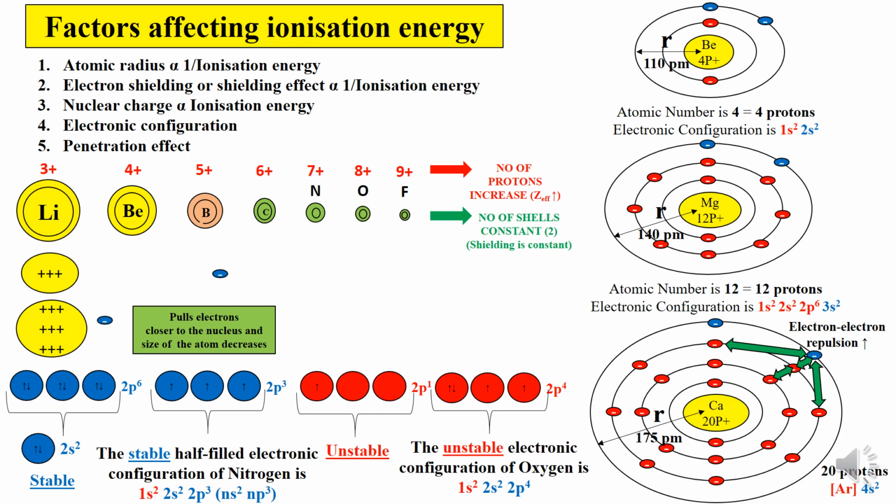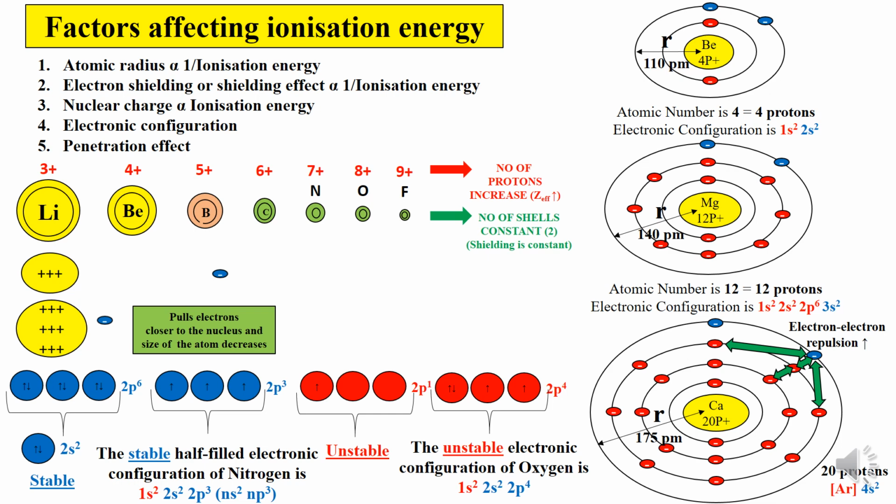So moving on to the next interesting factor, that is nuclear charge, which is directly proportional to the ionization energy. Now to understand the nuclear charge factor affecting the ionization energy, you need to understand the periodic trends in size in the periodic table as you move from left to the right side.